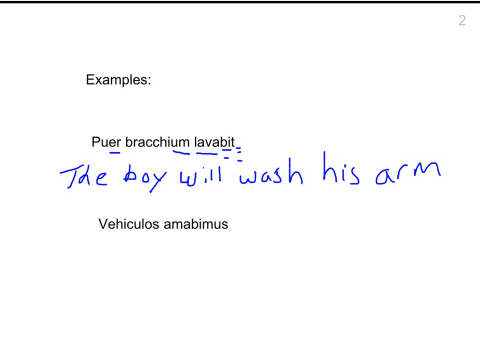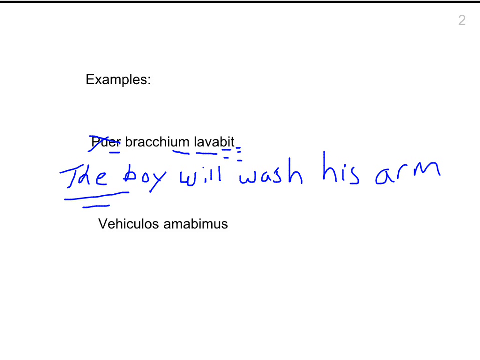And notice we don't have to put he, she, or it because we already have a third person noun in the sentence, the boy. So we don't need to say he because there's already something there. If puer was missing, and it just said brachium lavabit, we could add in the word he or she. He will wash his arm, or she will wash her arm would both be appropriate. All right, let's look at the next sentence.